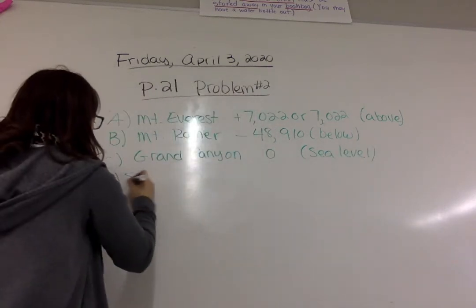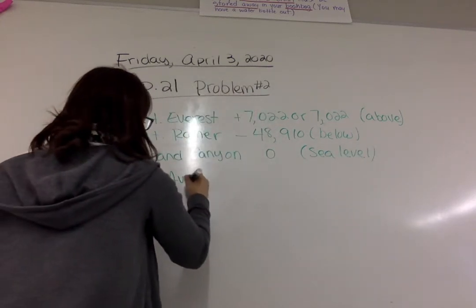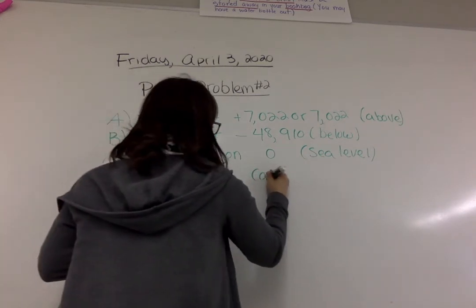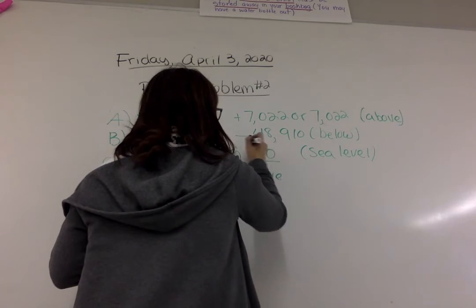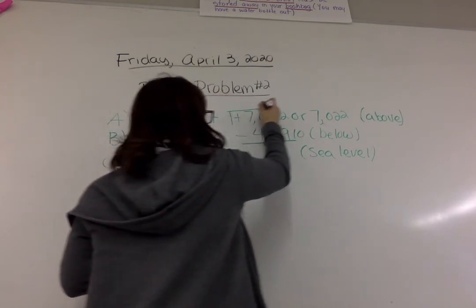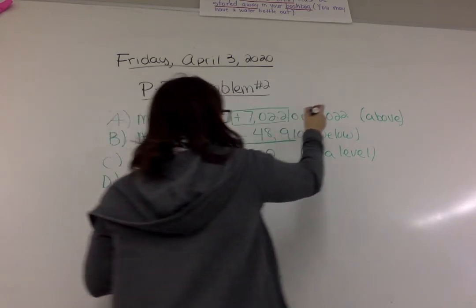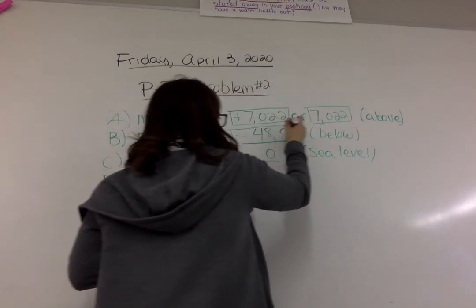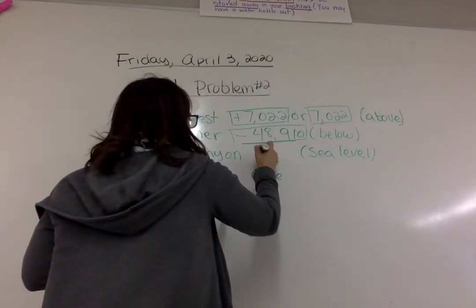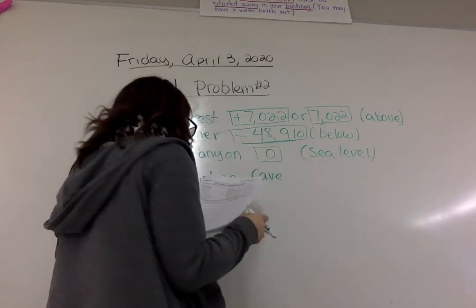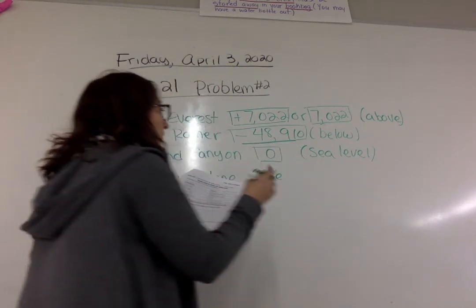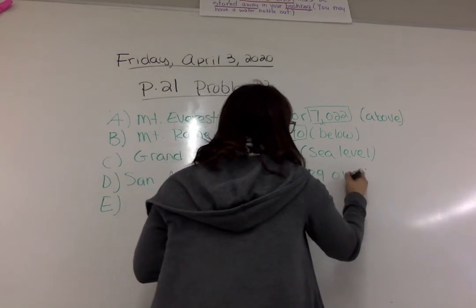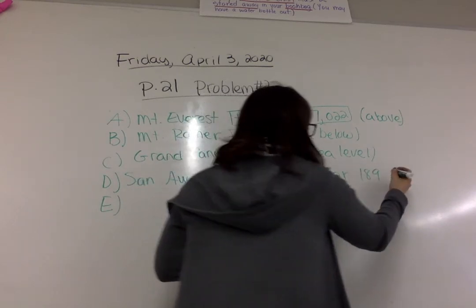Next one, St. Augustine Cave. Okay, these are the integers. Actually, I'm going to make it easier. Whatever I boxed is the integer. That's what you're going to write. You're going to write it all, but I just want to box the integers so there's no confusion. Above is positive, so plus 189 or 189, and I'm going to write the word above.